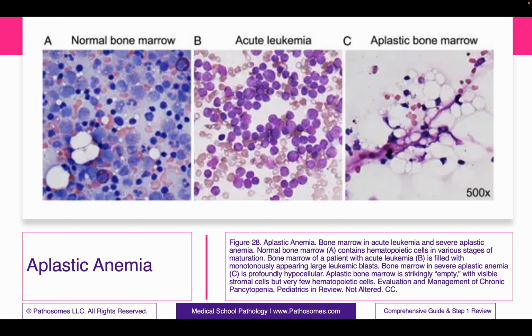Just see a bunch of abnormal, immature blasts. That's acute leukemia. The image to the far right is C, from an aplastic bone marrow. Note the scant cellularity compared to A. Note those globs of white, that's just fat. Aplastic anemia.